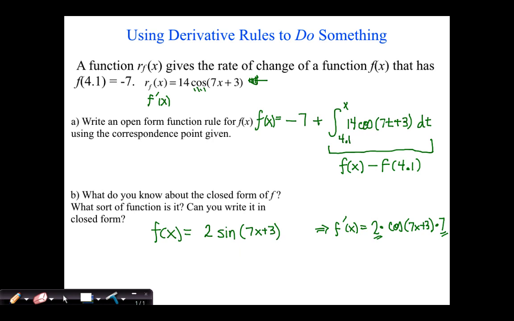And if you can see here, just to point out, notice that this is f of 4.1. So just thinking about the meaning of the pieces, this should make sense. If I have f of 4.1 and then add on an expression that tells me the difference between f of x and f of 4.1, then the sum of those two should be f of x.